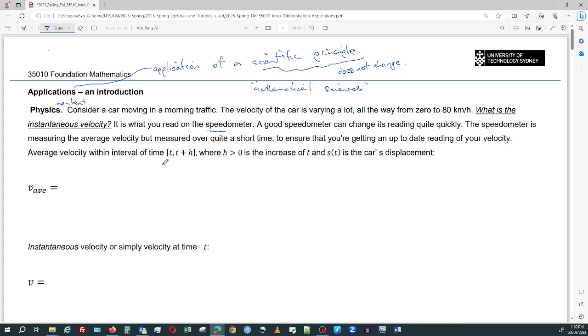So average velocity within a time frame is where h is greater than 0, and the increase of t and s(t) is the car's displacement. So all of that, blue, blue, blue. So what has car's displacement, s as a function of t, got to do with velocity? Very good. What has a car's displacement got to do with velocity?